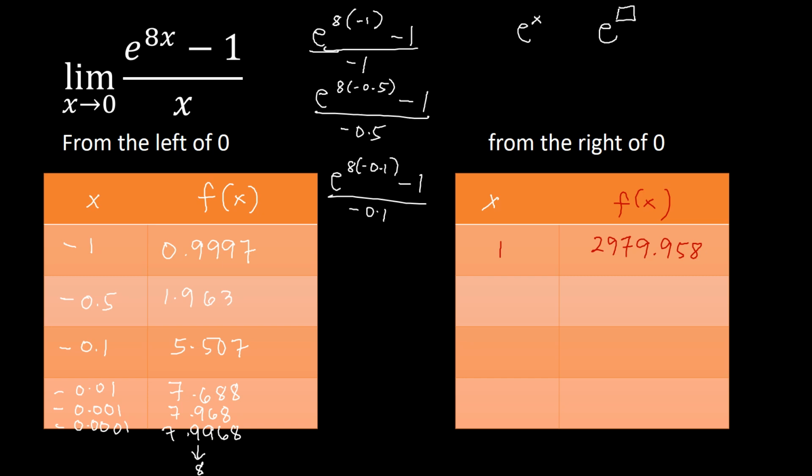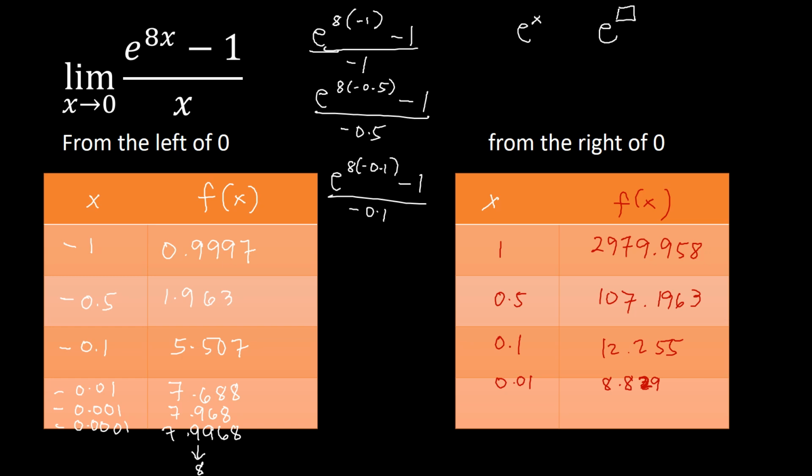Then we move closer to 0. We have 0.5, which will be 107.1963. Then we have 0.1, which is equivalent to 12.255. Then we have 0.01, which is equivalent to 8.839, I mean 8.29.